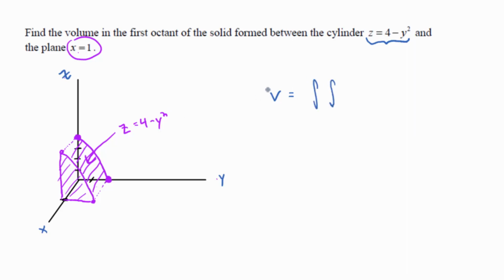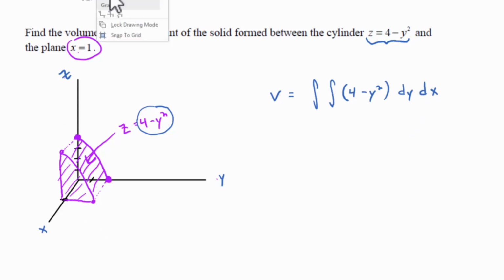All right, so let's see. Our integrand is going to be basically the ceiling, right? So 4 minus y squared. And then the differential order, does it really matter? dy dx. And then, what's the region that we're integrating over?